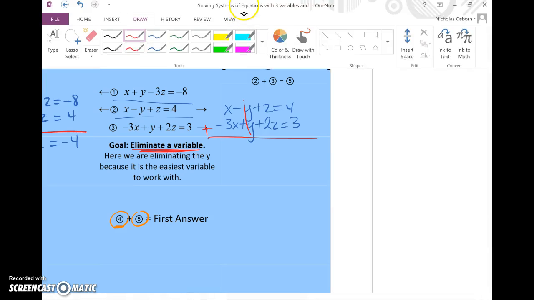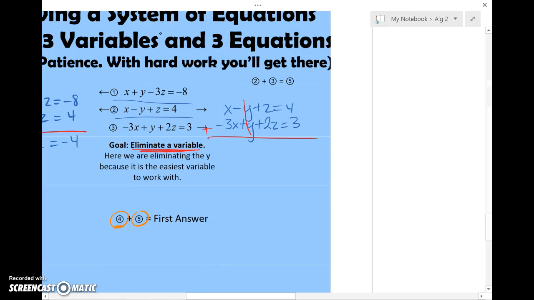In the next video, I'm going to do another one that's a little different, where we have to multiply or change one of the equations in order to get those variables eliminated. Okay, so x minus 3x is negative 2x. Remember, just a quick hint, if you have a bigger negative than the positive, it's going to be a negative number. Be careful there.